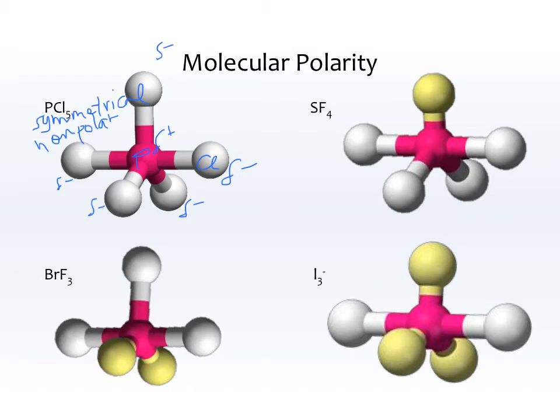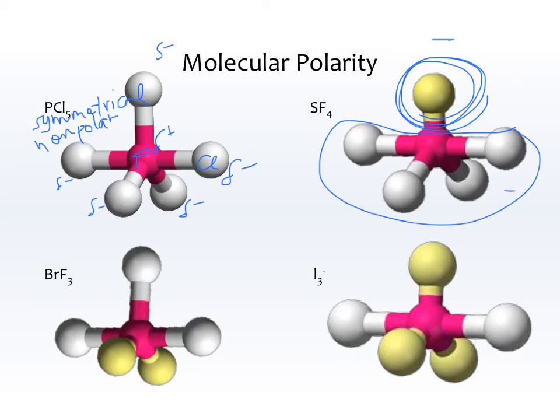So let's take out one of those atoms and change it into a lone pair. SF4 was a seesaw. Now we have this negative lone pair, which causes the whole top of that molecule where the lone pair is to be negative, and the whole bottom of that molecule where the atoms are to be positive. So this molecule is polar.